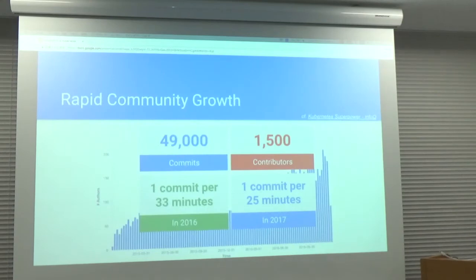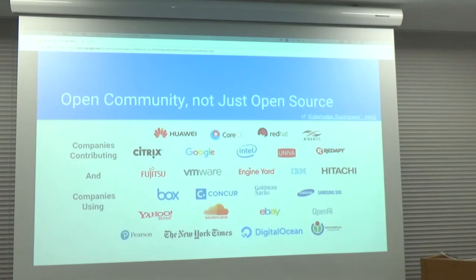And these are Kubernetes repo stats: 49,000 commits in total, and 1,500 contributors in about 15 time zones, and one commit per 25 minutes in 2017. And a bunch of vendors support or contribute to Kubernetes, and a bunch of companies adopt Kubernetes as their infrastructure.